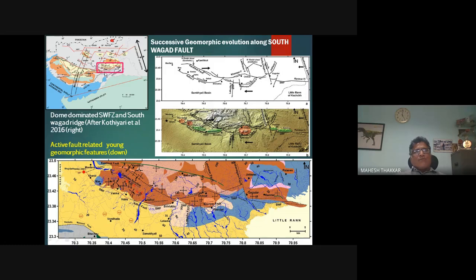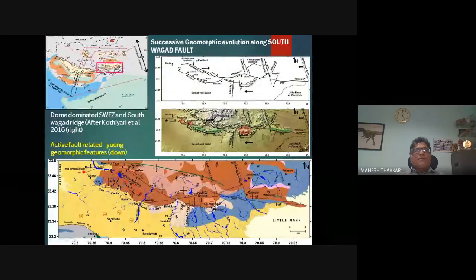So the KMF basically continues to the east and merges into the South Wagad fault. It is the same kind of fault system, but it is a kind of Riedel fault. This particular Riedel fault was generated in the later phase, at the beginning of the Neogene, when it started separating. So the South Wagad fault lies a little to the north, and the KMF is to the south.